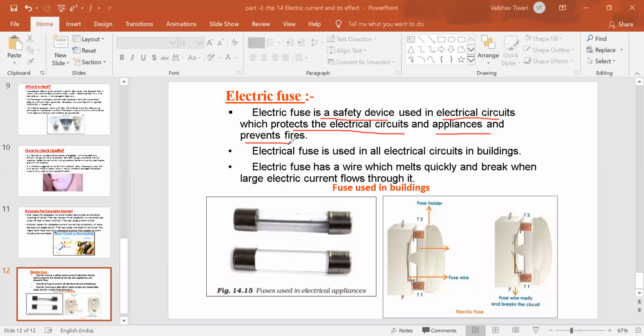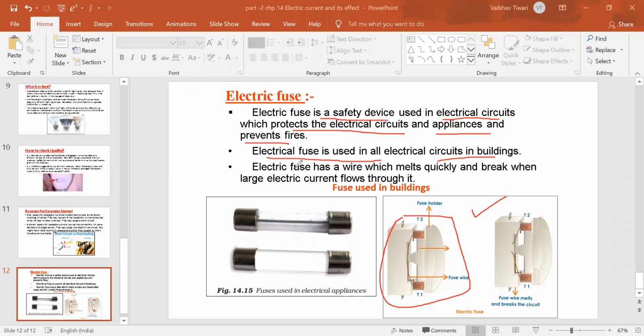This is the use of the electric fuse. It is used in all the electrical circuits in buildings, even in your house. You might see a fuse. It looks like this one. Can you see this? This is an electric fuse.